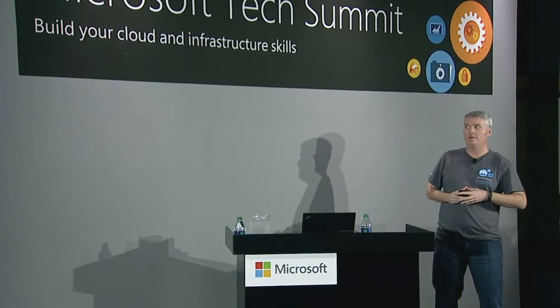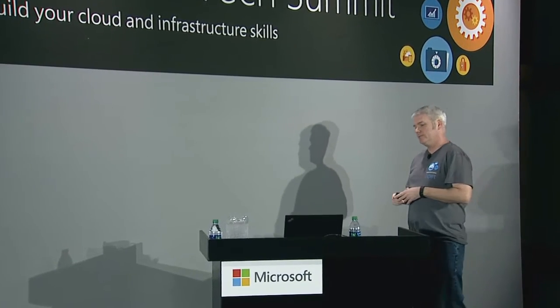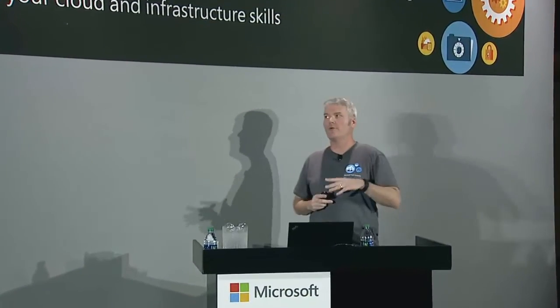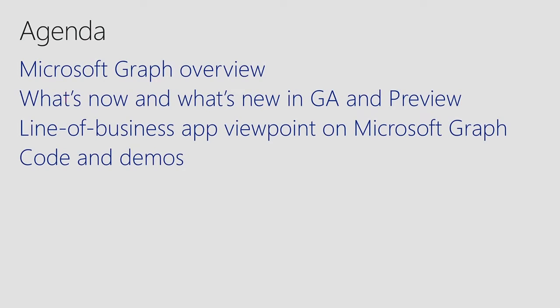I work for the Outlook team, mostly on the programmability side, so all the APIs, and the Outlook part of the graph is definitely a big part of that. This is the plan for what I'm going to talk about. A little bit over what the graph is, why it exists, and why we have put it out there.